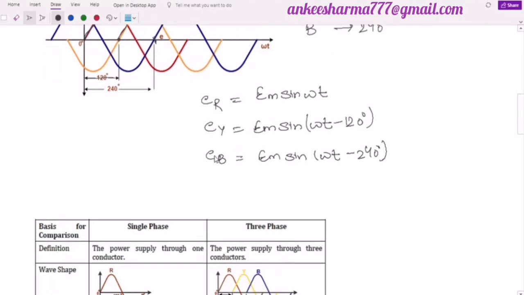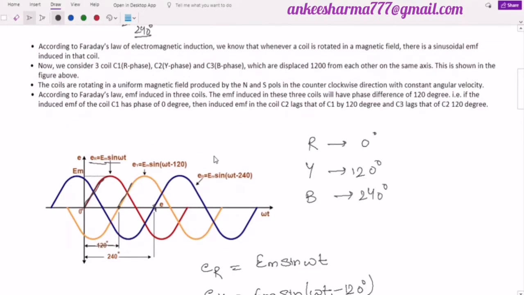Now this is the simple basic of EMF generation. What we have done is simply make use of Faraday's law of electromagnetic induction, which says that whenever a coil is rotated in a magnetic field, a sinusoidal EMF is induced in that coil, given by EM sine omega t. As these three coils are rotating in a uniform magnetic field, we kept the same magnetic field for all three.